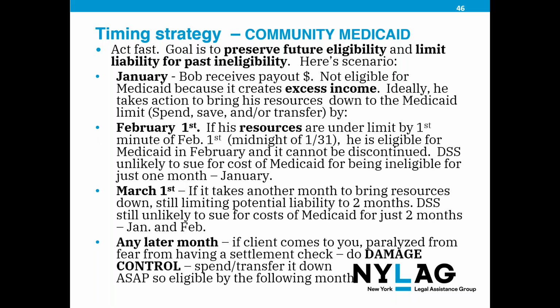And that's what the 3 tools we said: he spends it, he saves some of it, he transfers some of it. So if his resources are under the limit by the first minute of the next month, then he's eligible for Medicaid and SSI, same rule, for the next month.